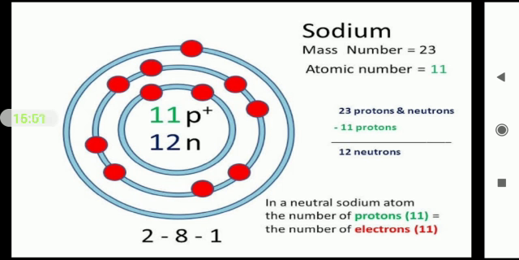Therefore, the valence electron in sodium is 1 and it needs to lose 1 electron from the outermost orbit to attain an octet. Octet means 8 electrons. To complete the outermost shell, it needs to lose 1 electron. Hence, the valency of sodium is 1.